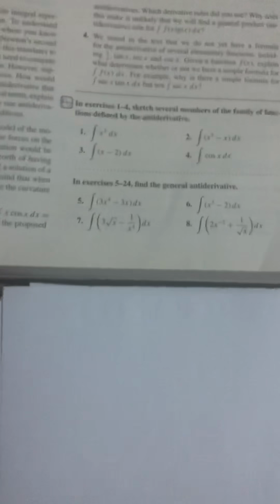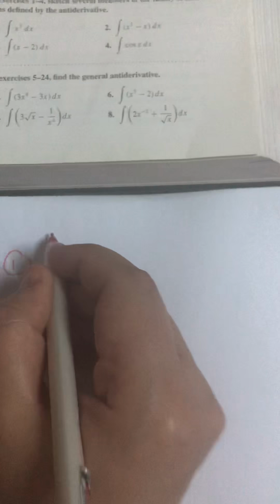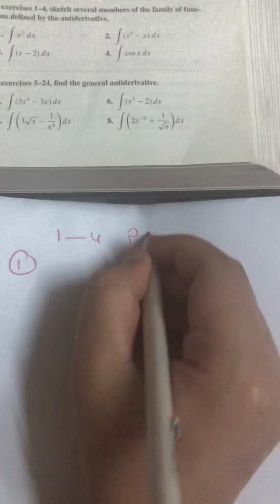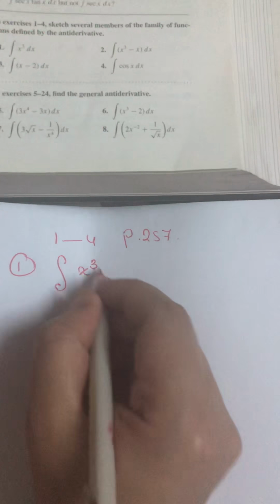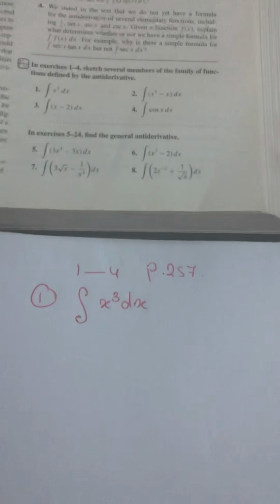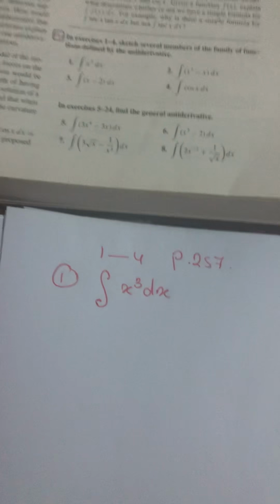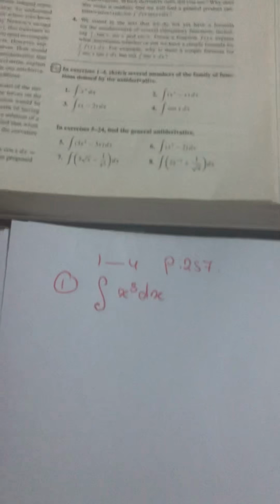So regarding question number 1, questions 1 to 4 on page 257. The question wants the integral of x cubed, meaning what's the original function or the antiderivative of x to the power of 3.